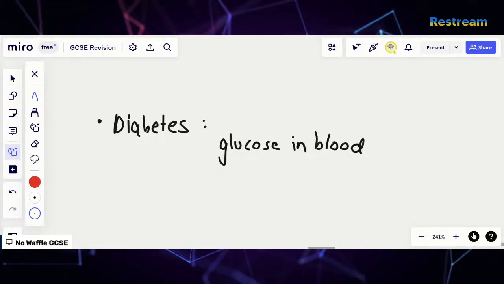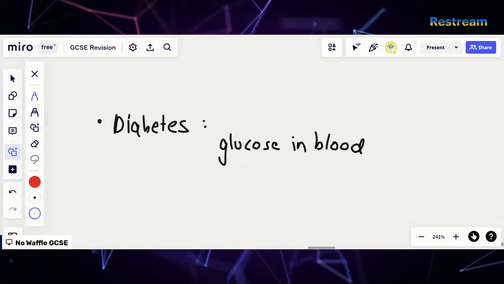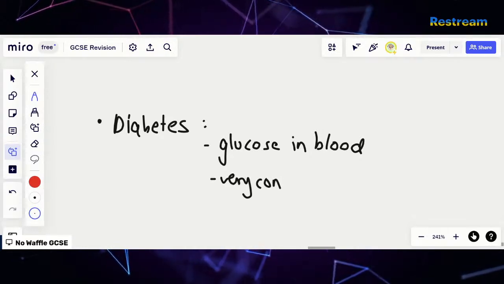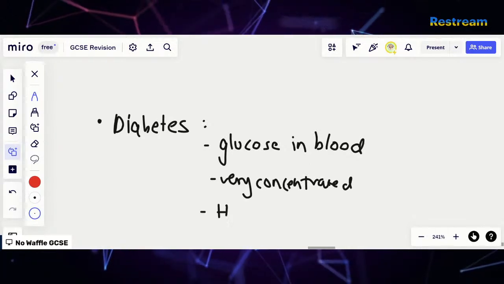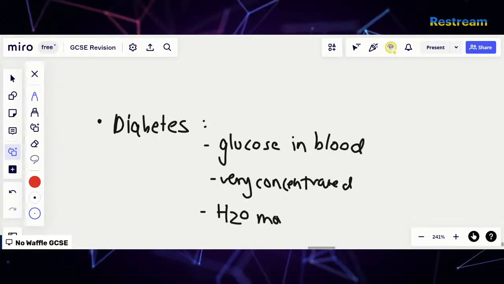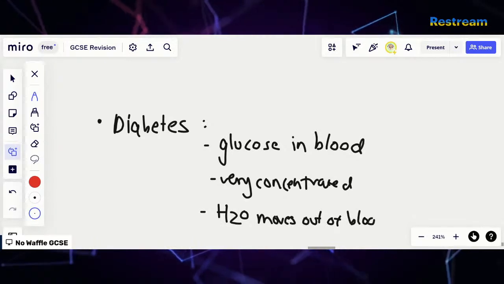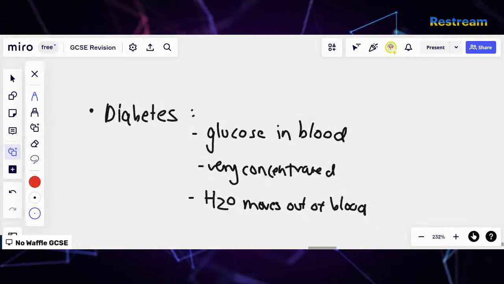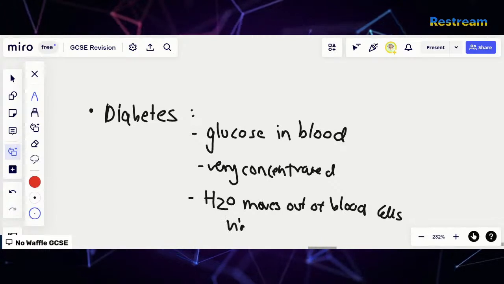Now, because there's loads of glucose in the blood, it means that the blood is very concentrated, and there isn't enough space because the glucose is taking it. So the water moves out of the blood cells via osmosis.